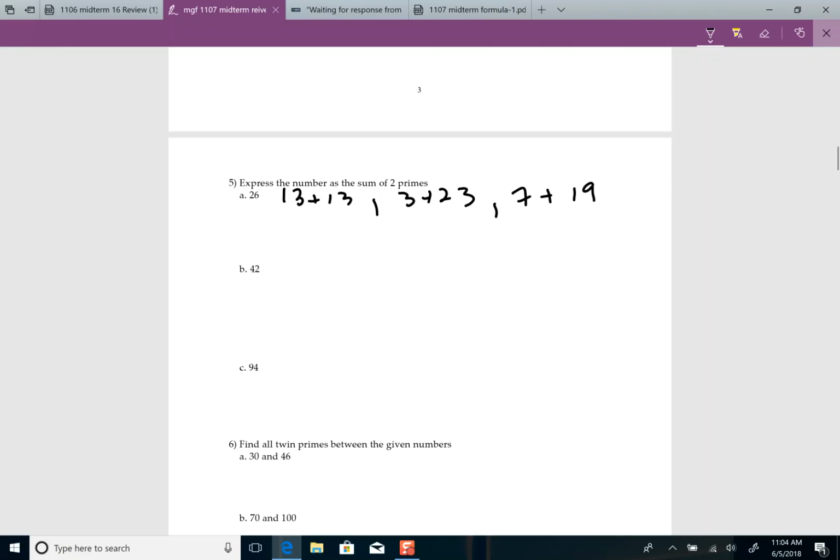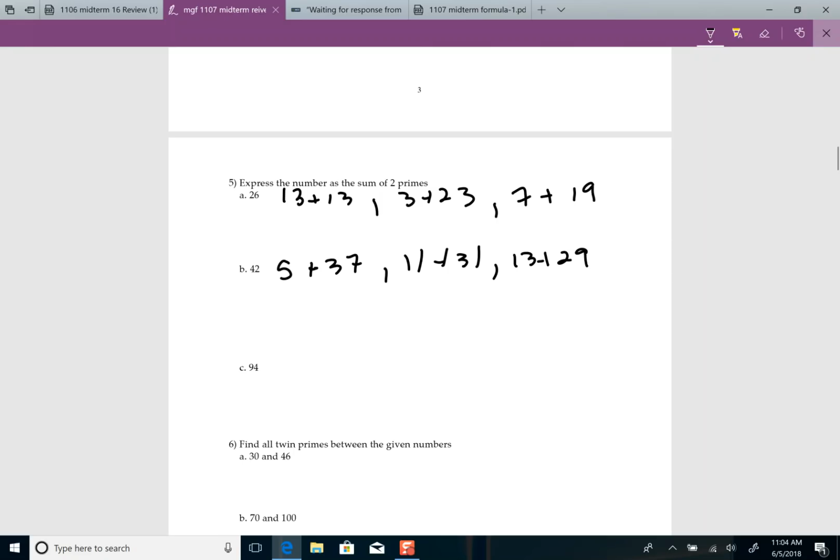Okay, so 42. So I just kind of start going through numbers and see what I get. So like 5 plus 37 works. I could do 11 plus 31. I can do 13 and 29.